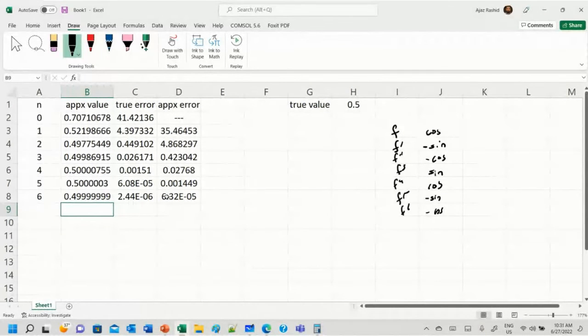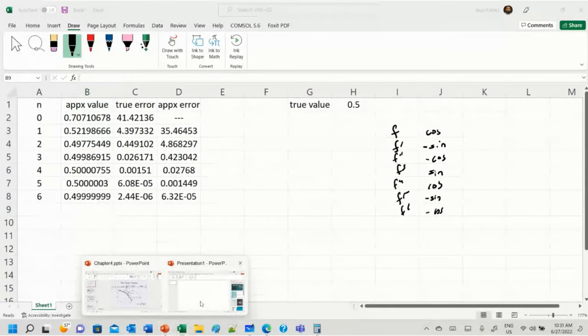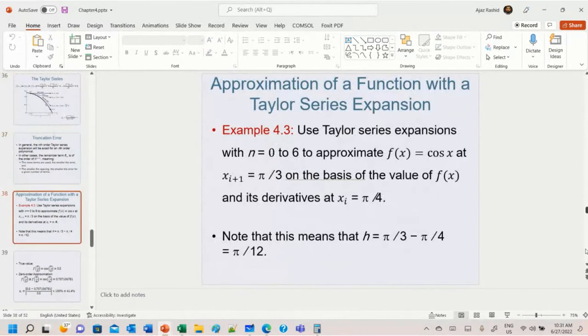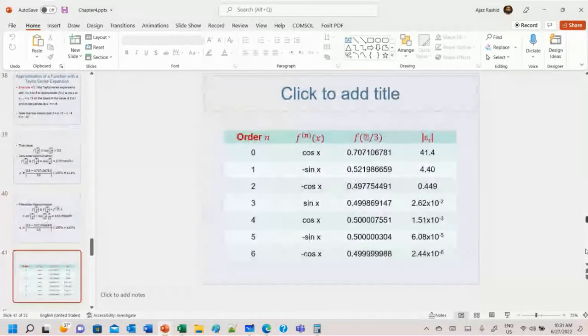So we can see that the error keeps reducing as we add more terms, and we get closer and closer to the true value. So that's example 4.3, and we have those values.